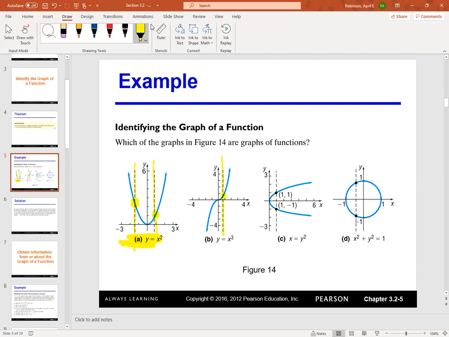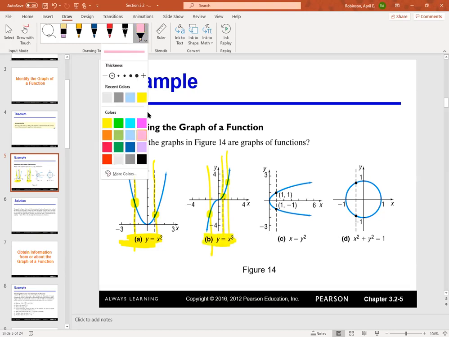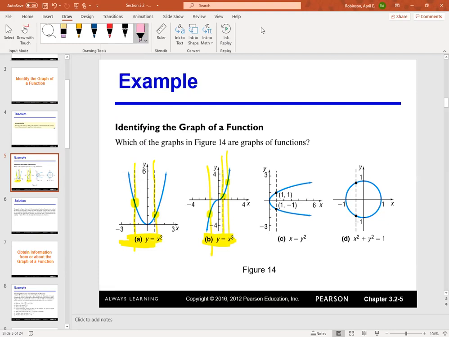It only crosses it at one spot. Even if I drew it here, or over here, it would only cross in one spot. So B is also a function. But when you get to C and they draw the dotted line, it crosses it in 2 spots here and here. So this one's not a function. And this one also crosses it. Circles are not functions either, because it crosses it in 2 places.